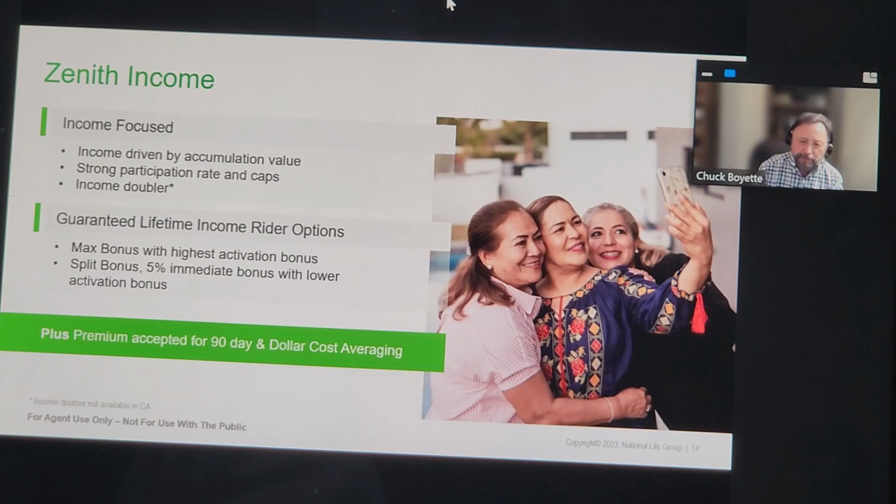And whenever they turn on their GLAIR, depending upon how long they've had their policy, the longer they've had it, the higher the activation bonus. But we take their accumulation value and we multiply it by that activation bonus, and we're going to use that to calculate their income. That's how Zenith Income works.